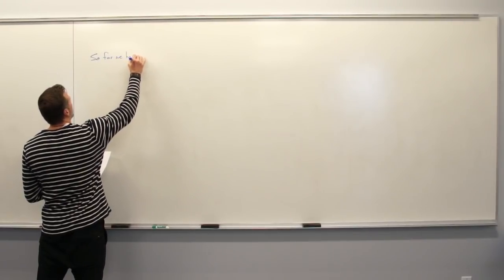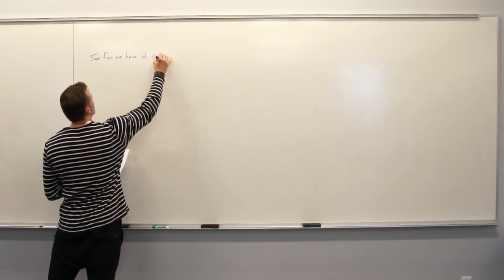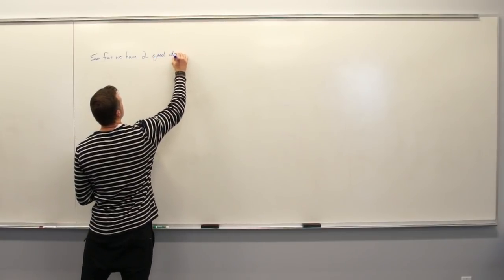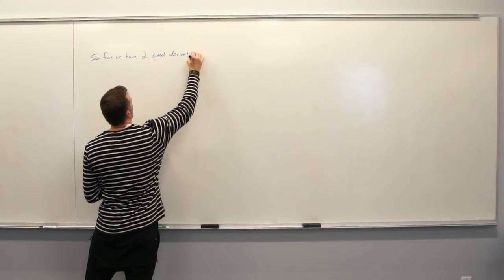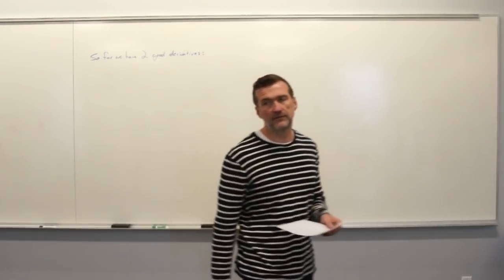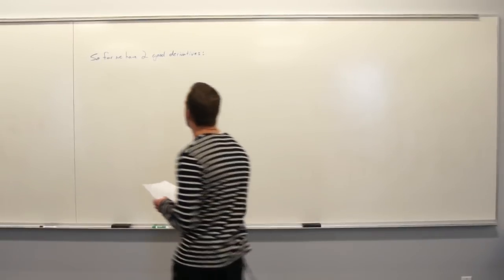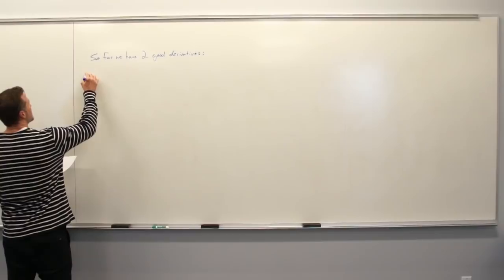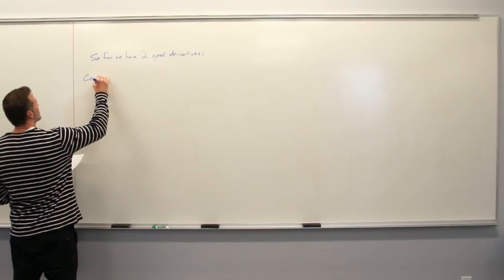So far, we have two good derivatives that we've been working with, and I just want to remind you of them and highlight their differences because we're going to make extensive use of these derivatives in the course. First of all, we have the covariant derivative.